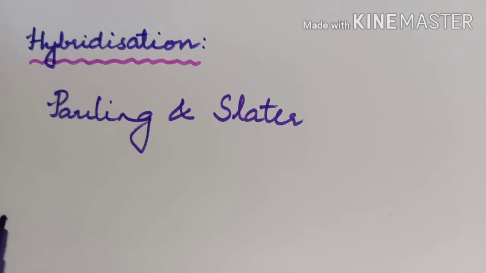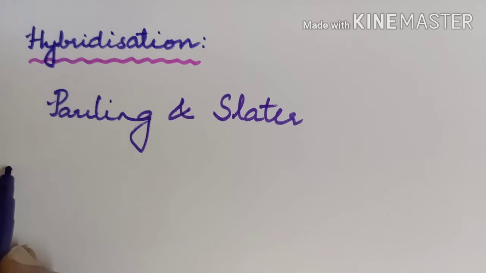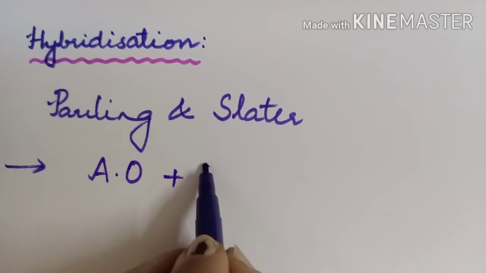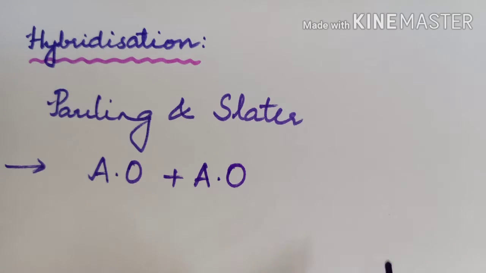The main features of hybridization are: atomic orbitals of almost equal energy undergo hybridization or mixing. Those orbitals which are undergoing mixing will have nearly the same energy and belong to the same atom or ion that is taking part in hybridization.